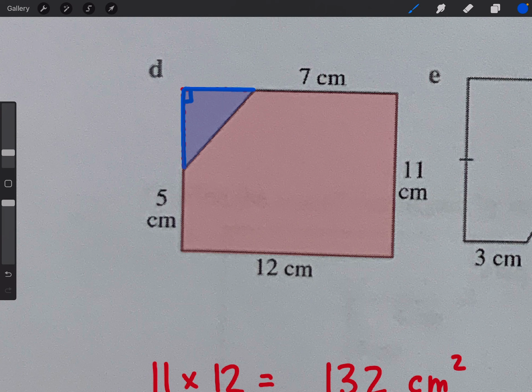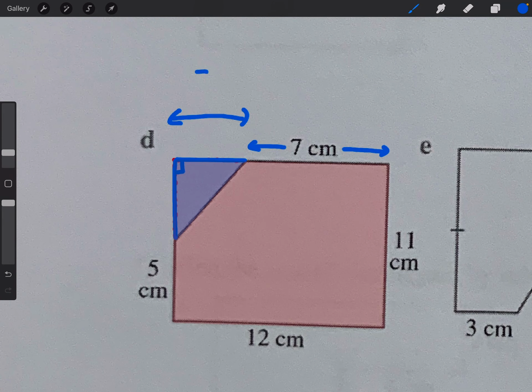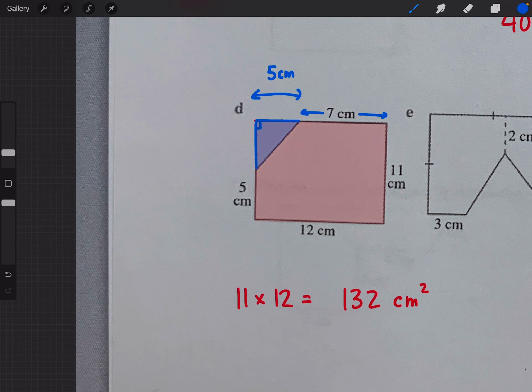Okay, so the top length is, well, together it is 12, so here 7 goes up to here. But if the whole distance is 12, then 12 minus 7 is 5, so this distance must be 5 centimeters, because 5 plus 7 is 12, right?